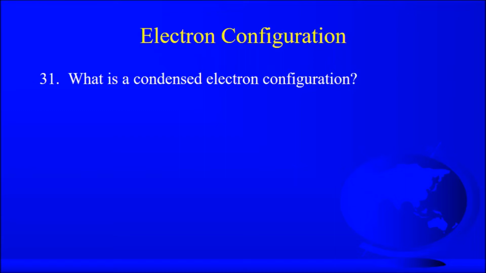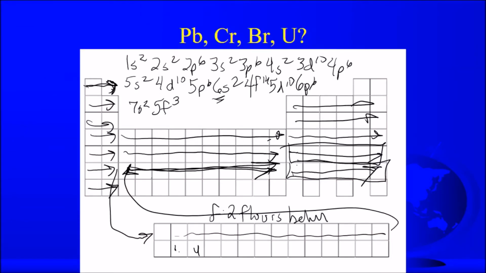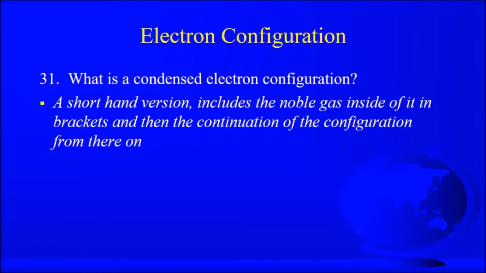In the same way, most of the electrons, and we drew quite a bit here, are absolutely useless to us. We don't need them. They're not important. They're like the pit. We can't throw them away, but it would be really nice if we could somehow summarize them, and we do. When we do condensed electron configuration, we include the noble gas that's inside.